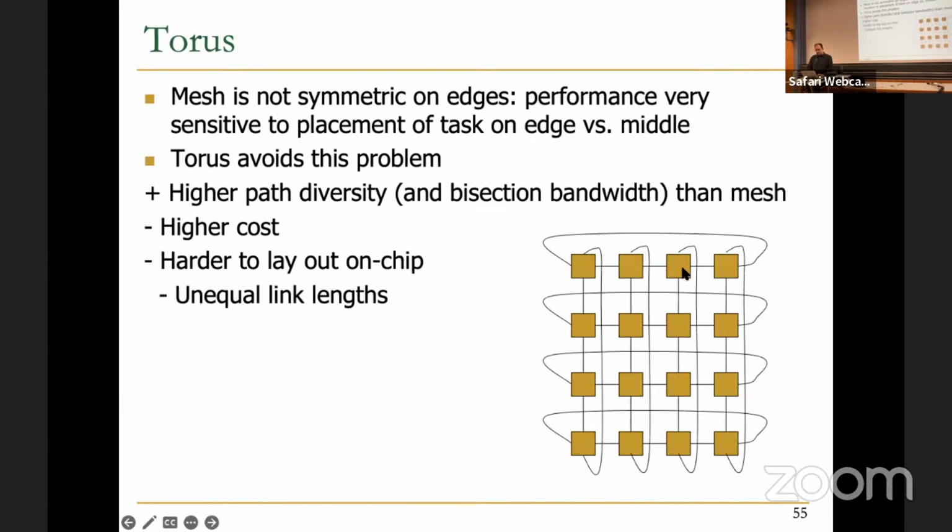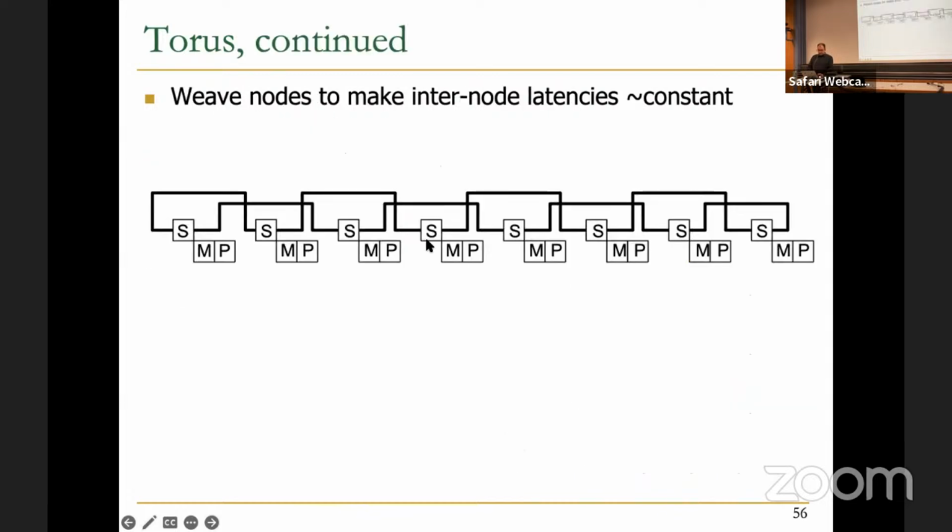In this design, most of the links, like those that are in the mesh network, are the same, but those wraparound links have longer latencies. People also made optimizations so that now all links are balanced, but they are also longer.